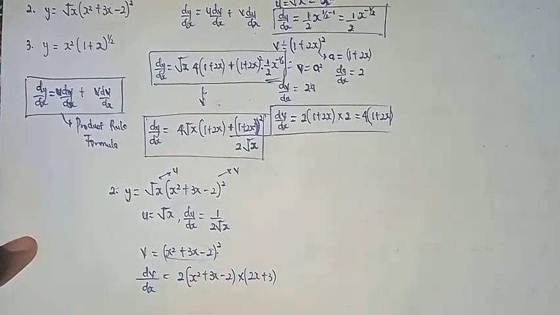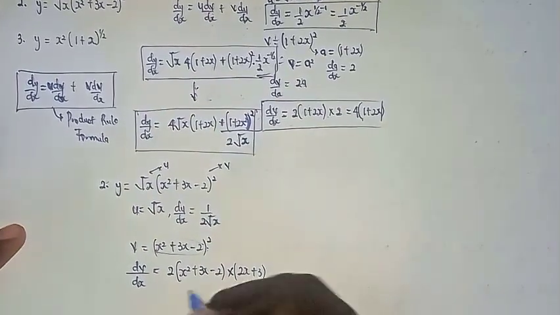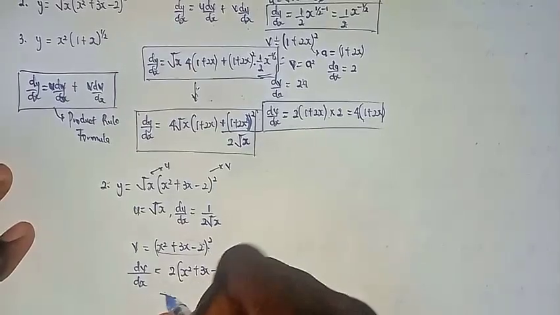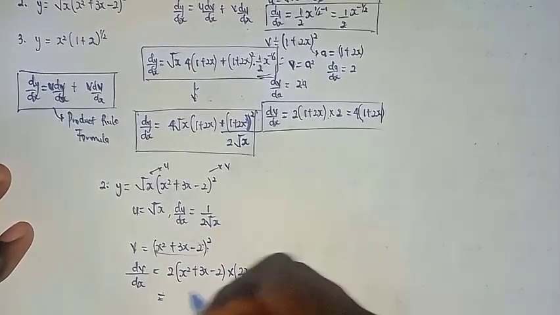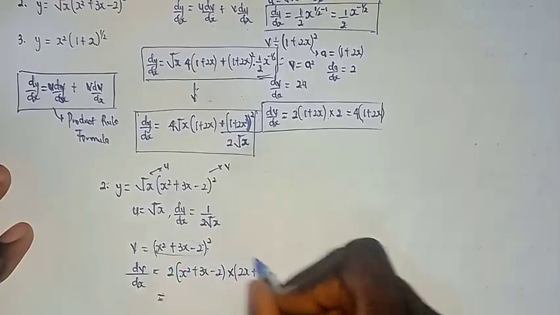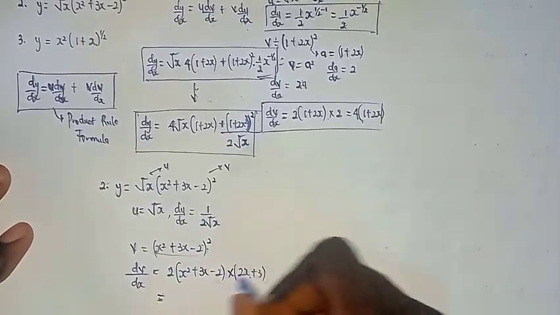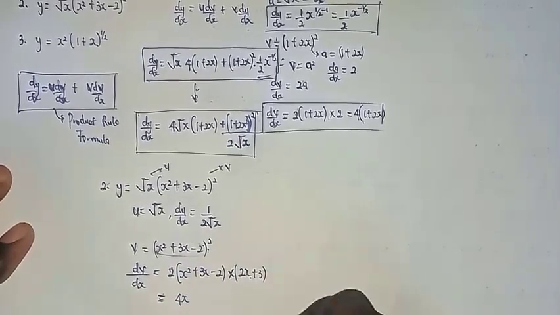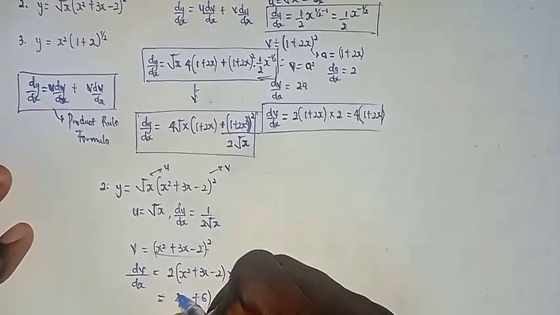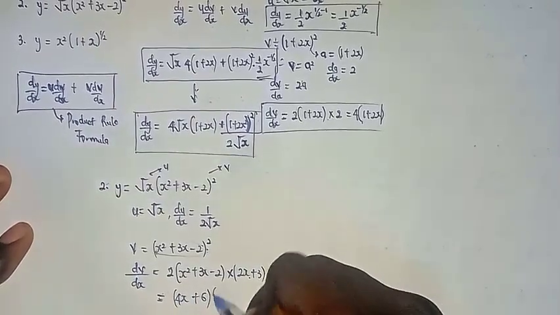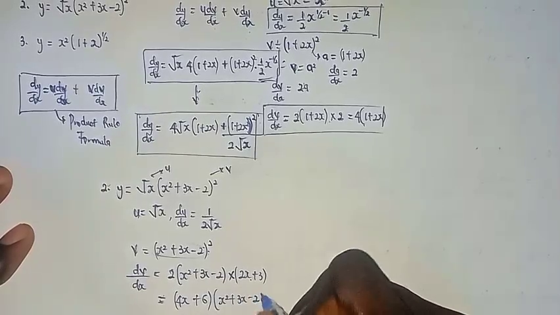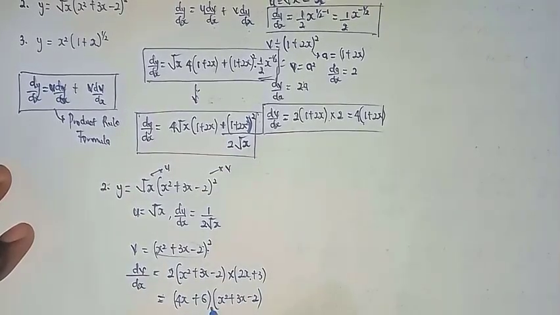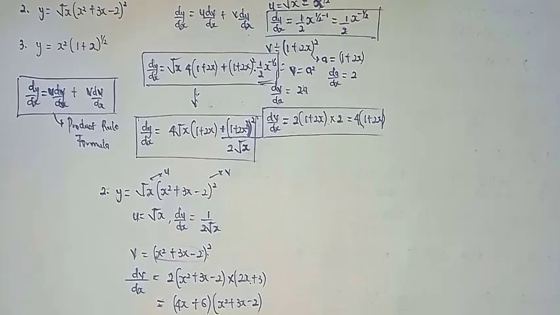So if we expand this, our dv over dx becomes, let's multiply the 2 with this bracket, 4x plus 6 multiplied by (x squared plus 3x minus 2). So this becomes our dv over dx.